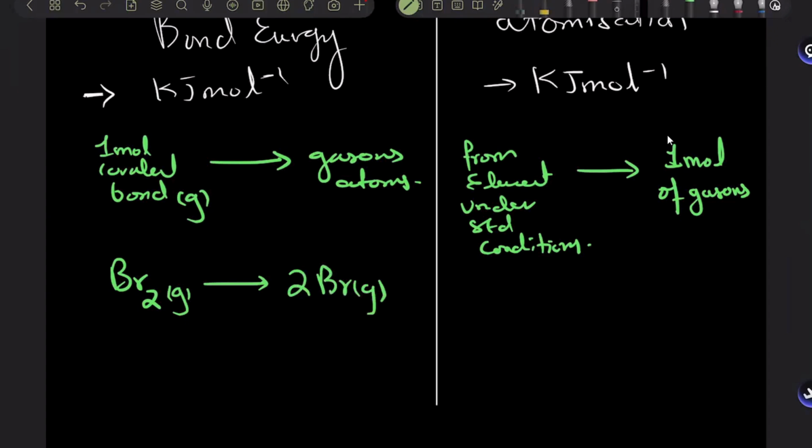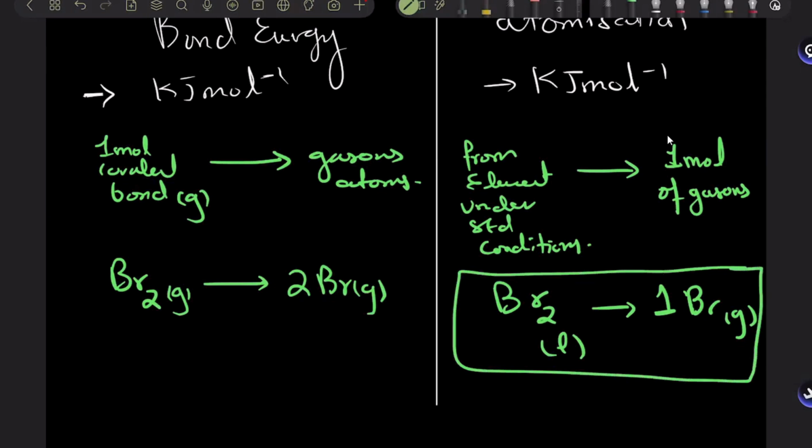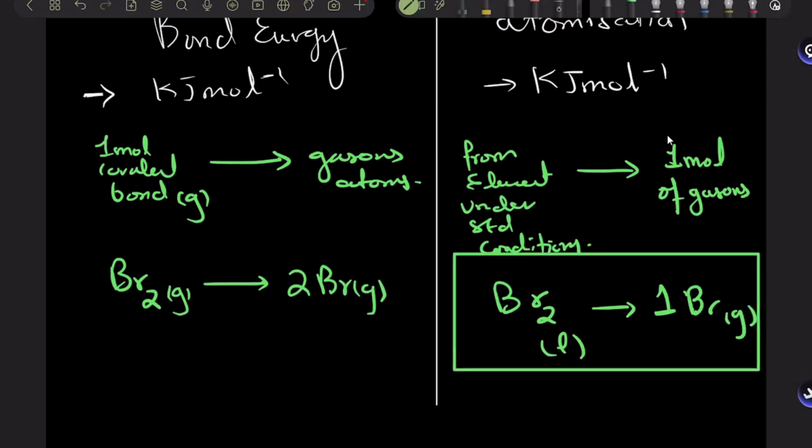But if I want to write the atomization equation for bromine, that would be to form 1 mole of a bromine gaseous atom from what? Its element, that is bromine. Under standard conditions, it exists as bromine liquid. So this would be atomization.